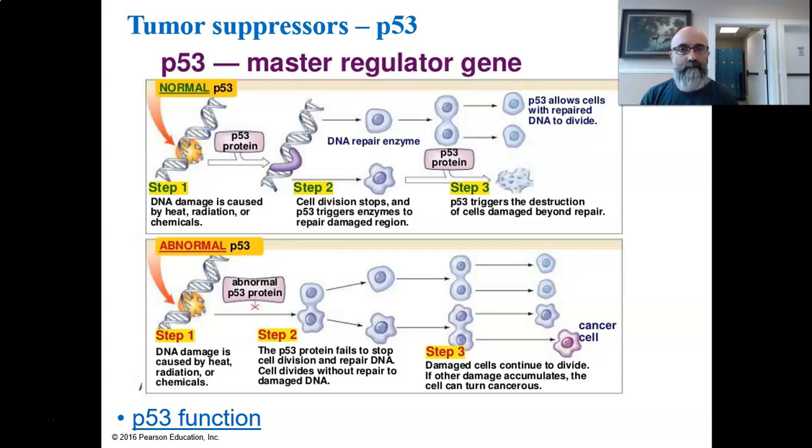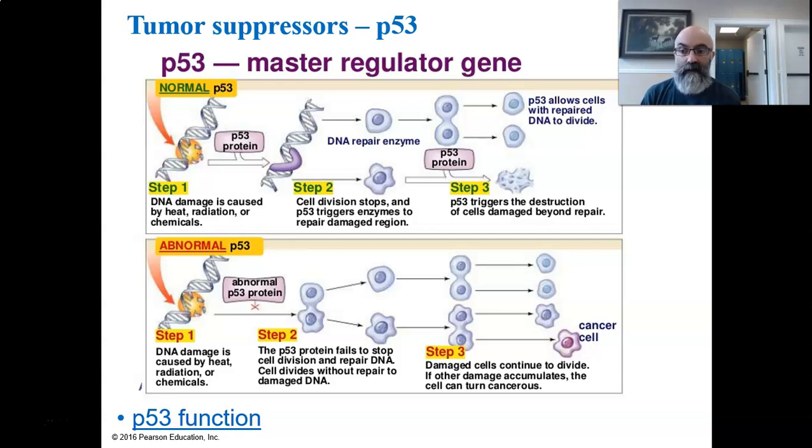If p53 does everything it can to repair the DNA molecule and that doesn't work, it is so critical that it doesn't proceed and divide with the damaged DNA that p53 actually initiates like a self-destruct button on the cell, and the cell will just explode. So if it's damaged beyond repair, p53 says it's not worth it for the future of the whole organism. We're just going to explode this cell.